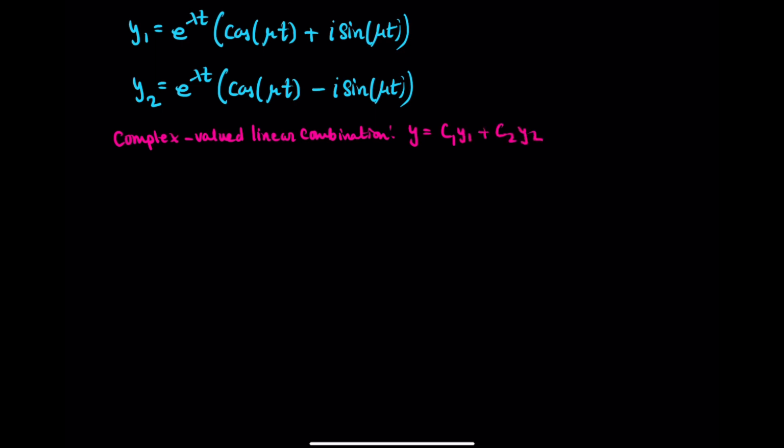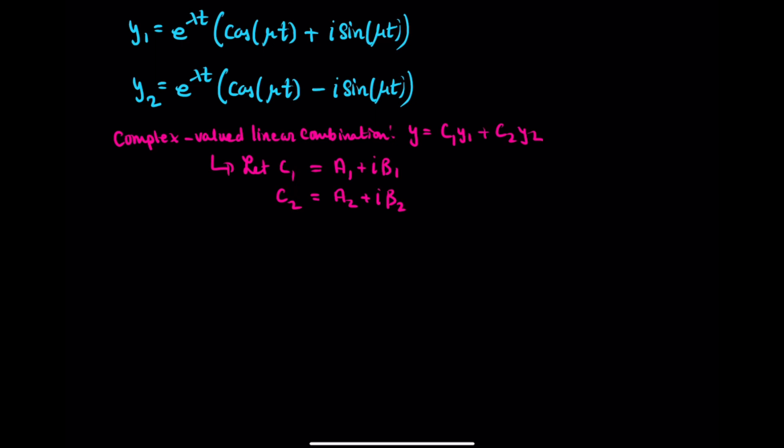You're probably thinking this looks exactly like what we did before. But here we're going to let c1 and c2 be complex values, because since y1 and y2 are complex, c1 and c2 should also be complex numbers. So c1 we can write as a1 plus i b1, and c2 we can write as a2 plus i b2.